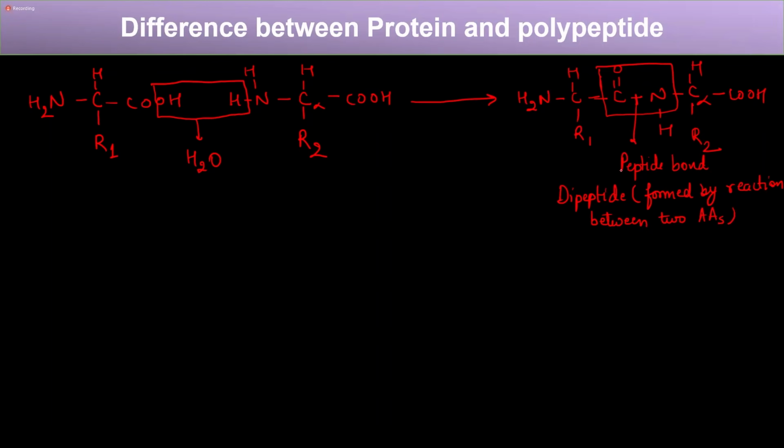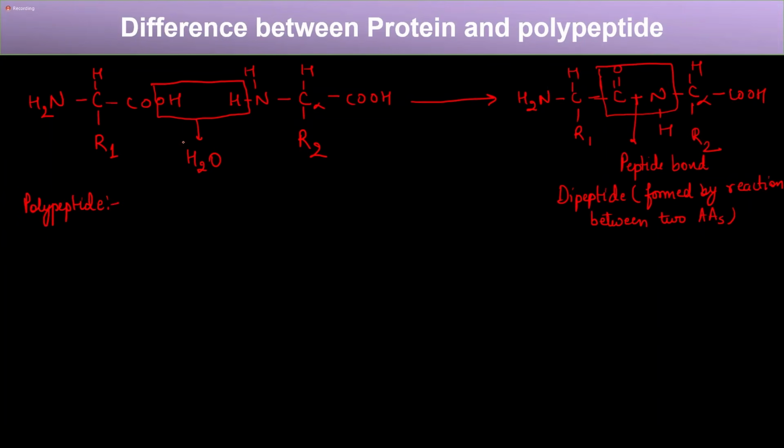Similarly, we have a tripeptide that is formed by three amino acids. Now, if this chain is formed by multiple amino acids, say more than 10 amino acids, then the structure will be called a polypeptide. So what is a polypeptide?